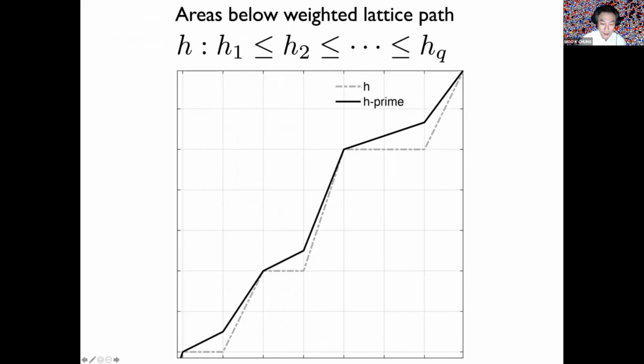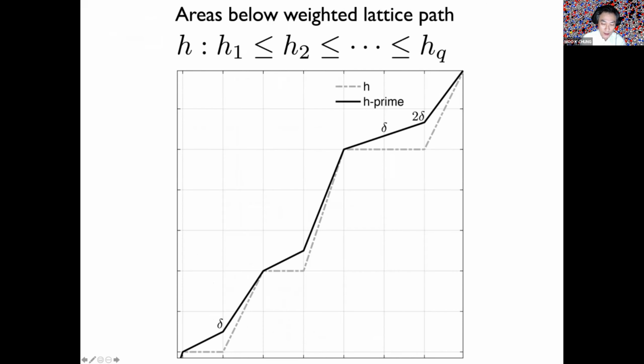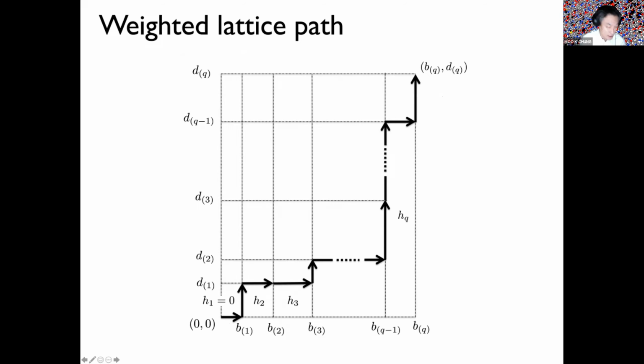Now, if you look at it, it is possible that we can have H2 and H3 identical. It may be possible. But we want to break this kind of equality in such a way that we make the sequence of these areas strictly increasing, just for mathematical convenience.